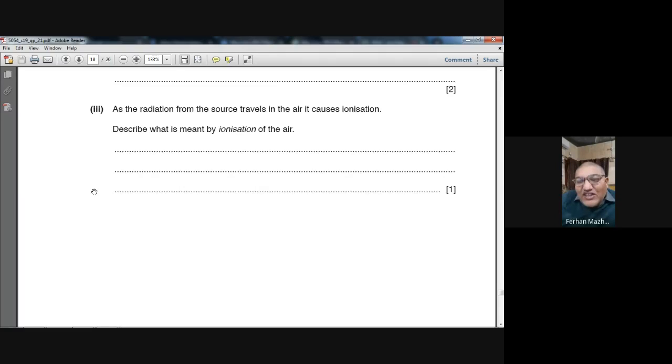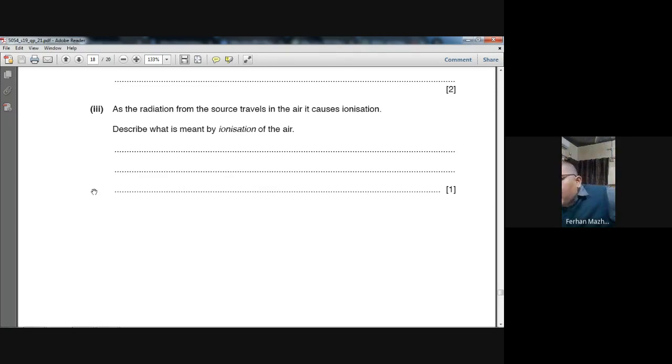So what will happen in the air? Positive and negative ions will be created, and this is called ionization.